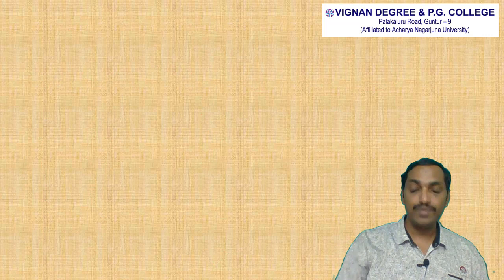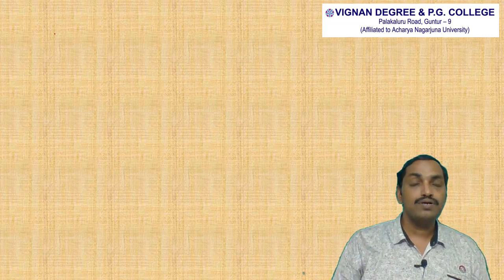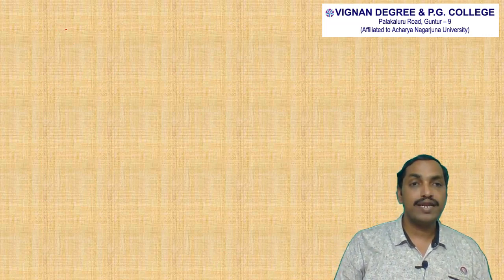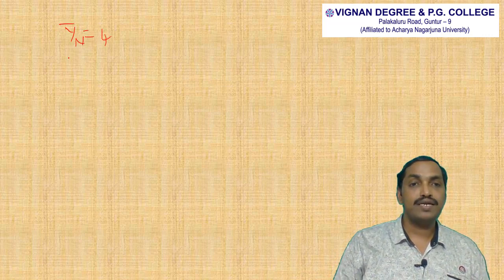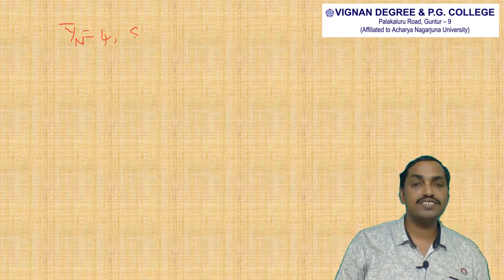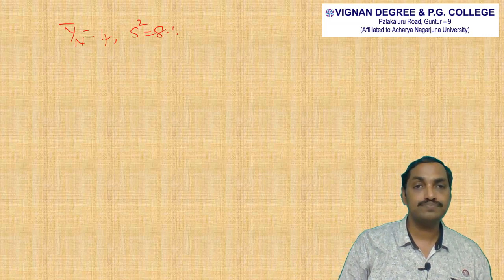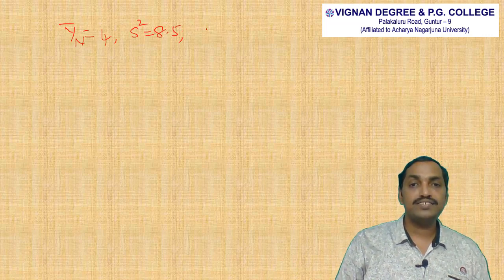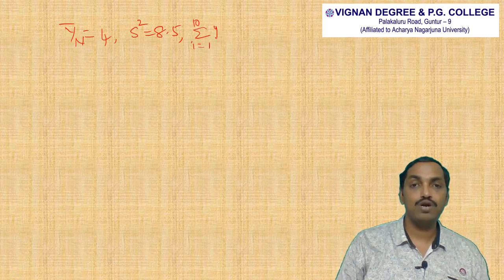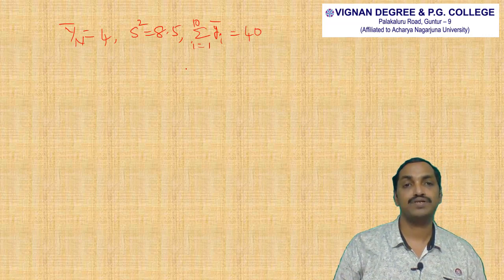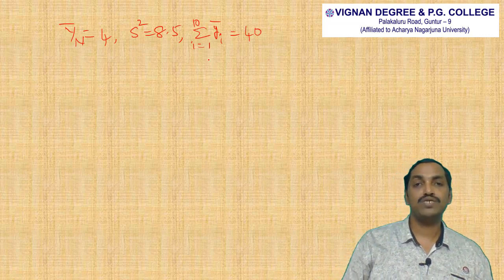So till now we got capital Yn bar is equal to 4, capital S square is equal to 8.5, and summation i equal to 1 to 10 small yi bar is equal to 40.